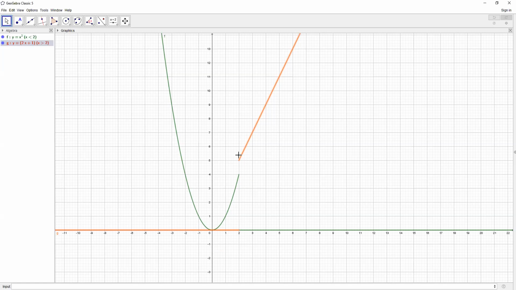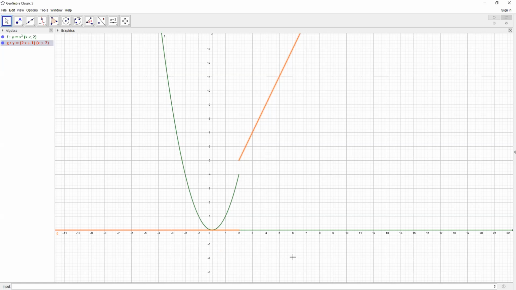The biggest question comes here at 2. If you plug 2 in, do you get 4, which is the endpoint of the green curve here? Or do you get 5, which is the left endpoint of the orange line? Well, it depends on how your function is set up.